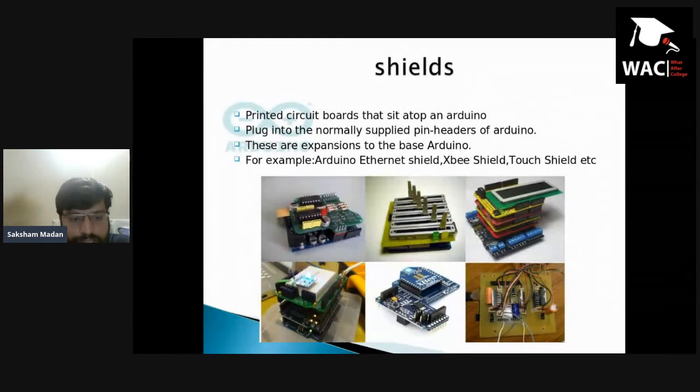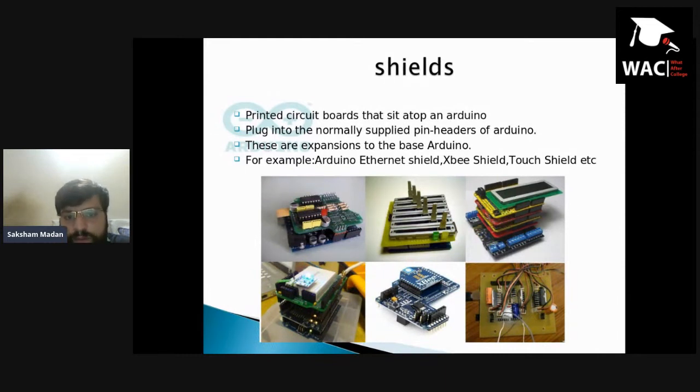Then there are shields. Shields are basically add-ons which we connect to Arduino for different purposes. For example, we have Zigbee.